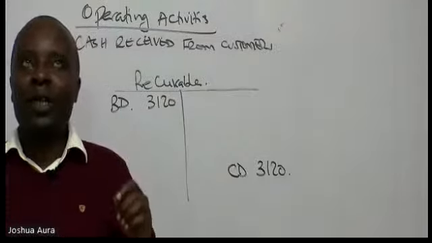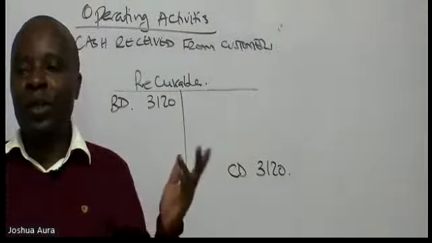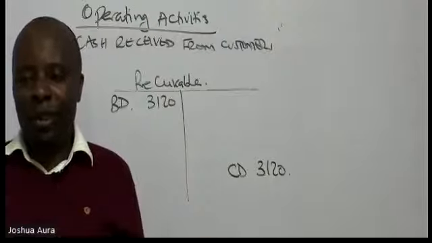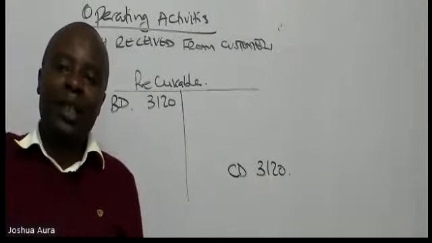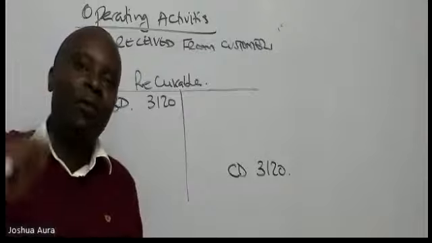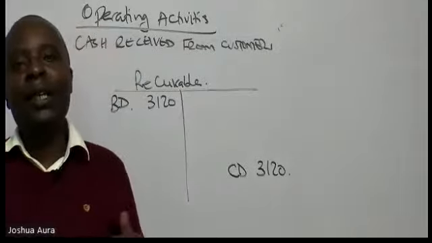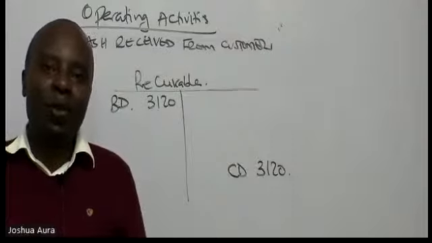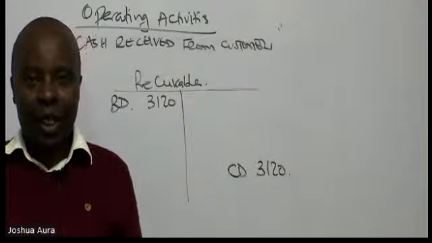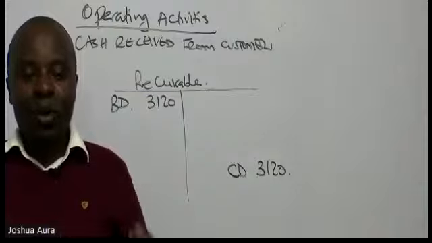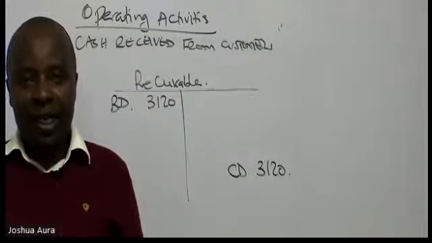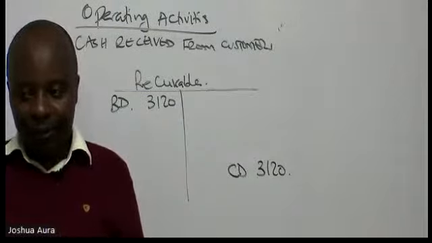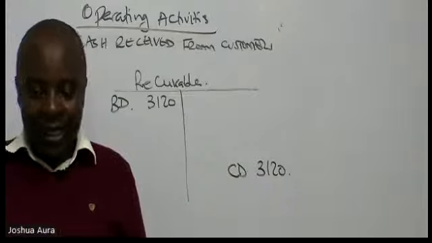When we have credit sales, we debit the receivables, we credit the sales account. At your level, mostly nobody will tell you whether the sales was cash or credit. We always assume that whatever sales is given here is credit. Thank you very much.